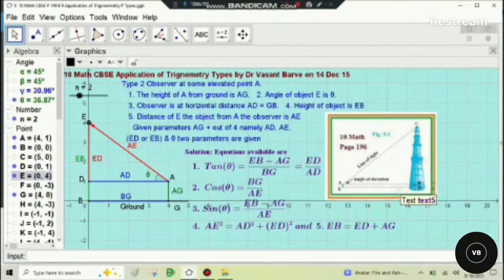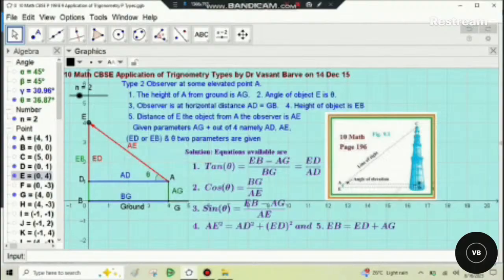The person is viewing this, and maybe he uses some instrument, normally a simple clinometer will do. With the clinometer, the person finds this angle of elevation and then measures this distance and finds out the height of this tower. So this sketch shows the eye level of the person, standing here watching this at an angle theta.